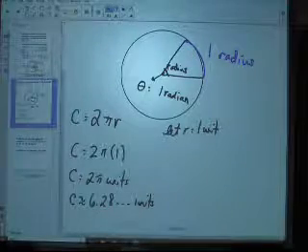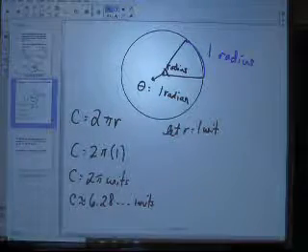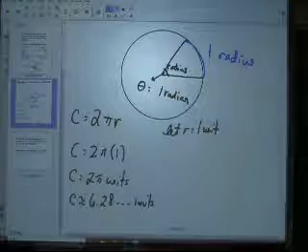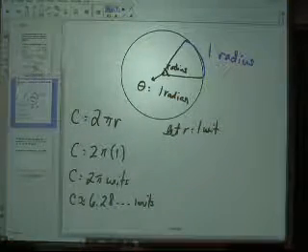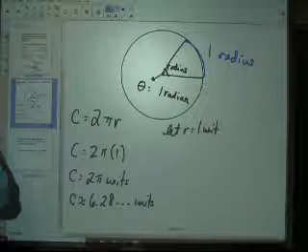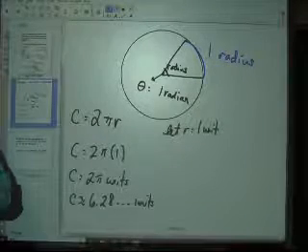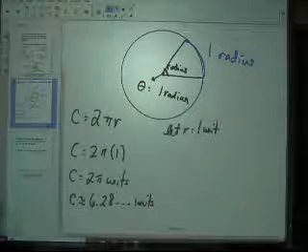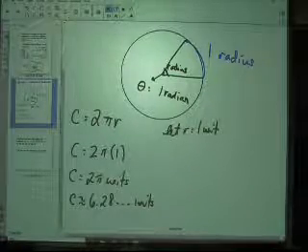If we want to be exact, we will say there are 2 pi radians on the outside of the circle. That makes sense? Good. We're trying to open up a whole new world for you guys. It's great.